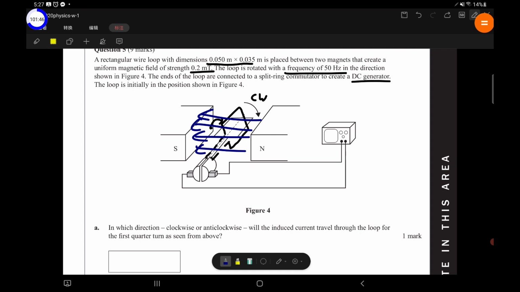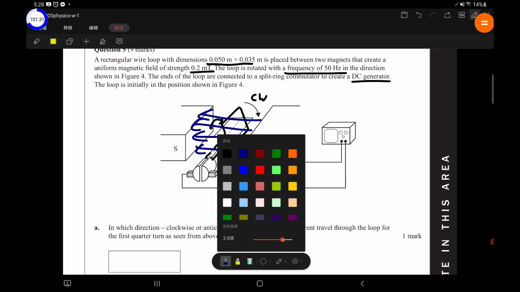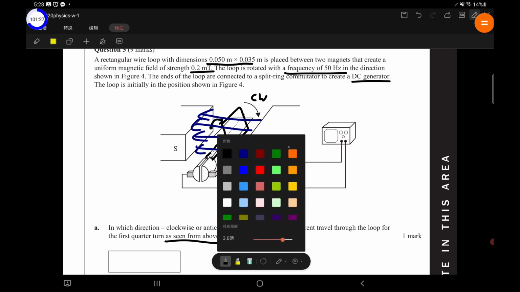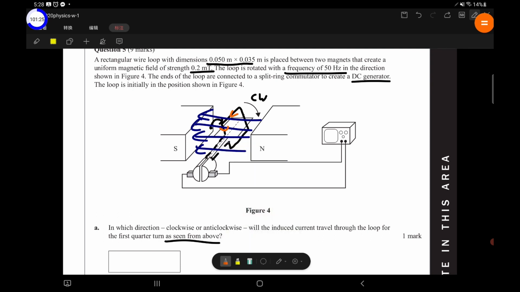So using our right-hand grip rule, our induced current should essentially flow in this anti-clockwise direction, though it depends on which way you look at it. So it does say it's as seen from above. All right, so I didn't notice that earlier. But this is where the current is flowing.